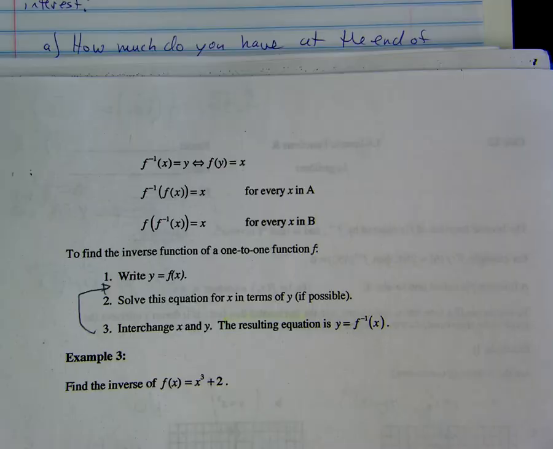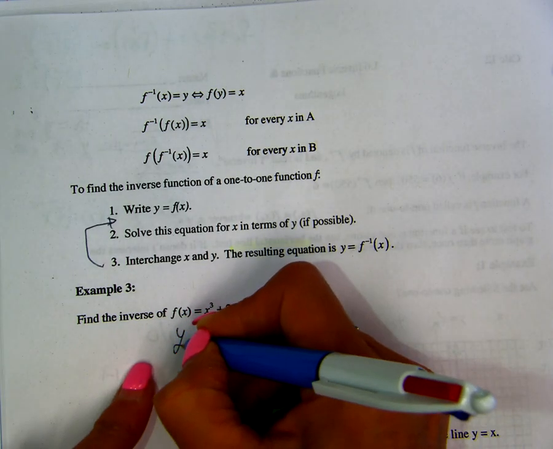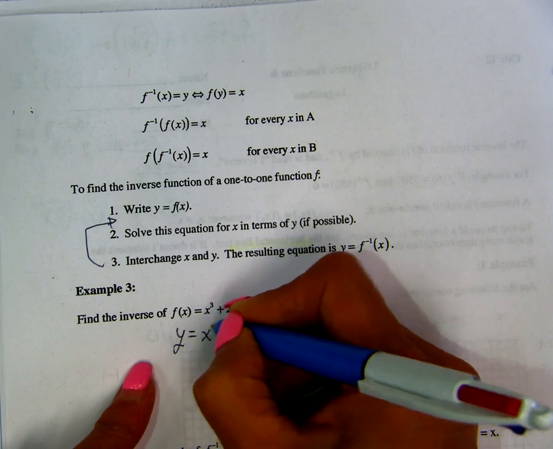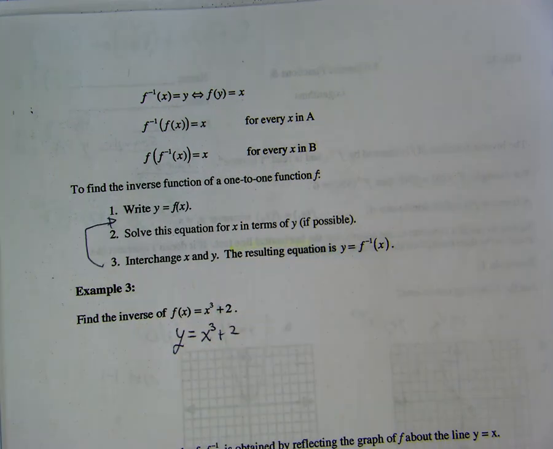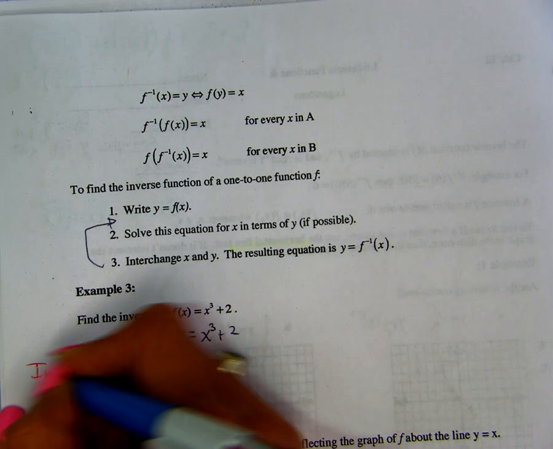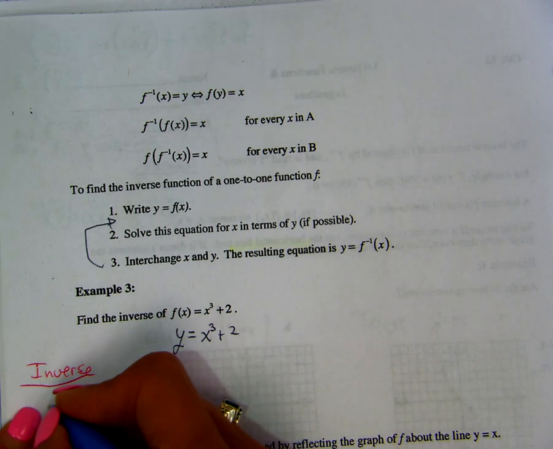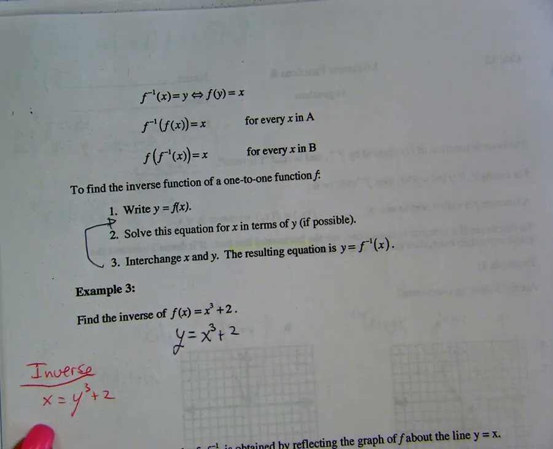Let's do a little bit of practice. Can you find the inverse of this function? So we're going to start out writing y equals x cubed plus 2. If I'm finding the inverse, I exchange x and y. That is, x equals y cubed plus 2.